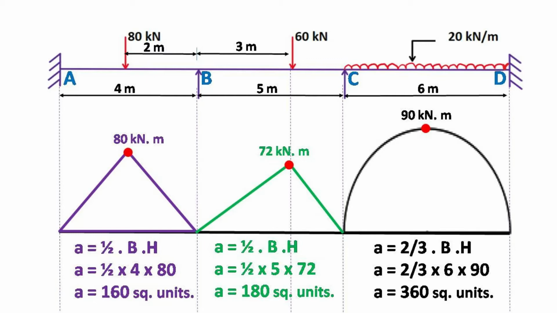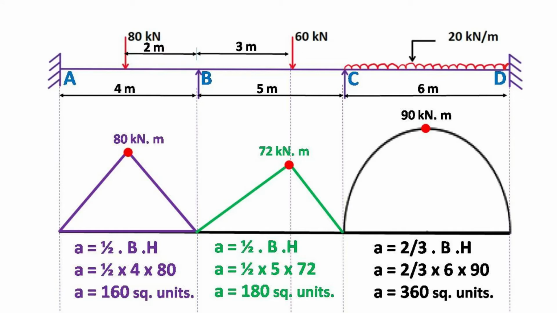Now step 3. In this step we are going to calculate the areas of all the free bending moment diagrams. For span AB, the area of the free bending moment diagram is half times base times height, as it is a triangle. For span BC, the area is also half times base times height, as it is again a triangle. Similarly, for span CD, the area is 2/3 times base times height, as it is the area under a parabola.